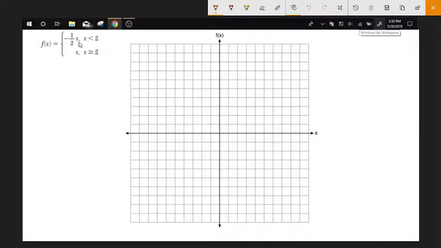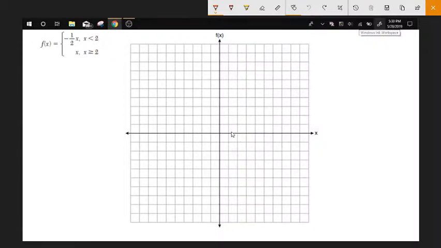Okay, so for negative 1 over 2x, this one is for when x is less than 2, so that would be on this side. Let's create a line that would be for only this side of the values of x.